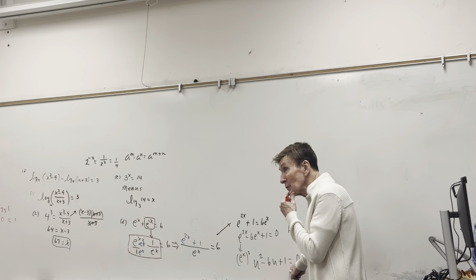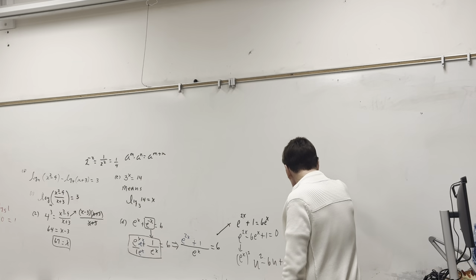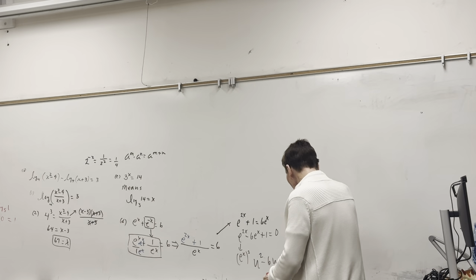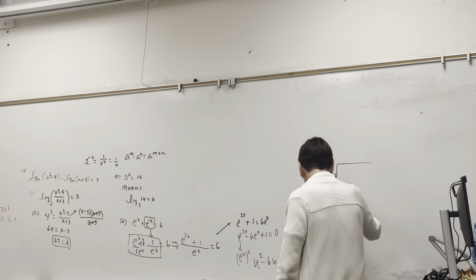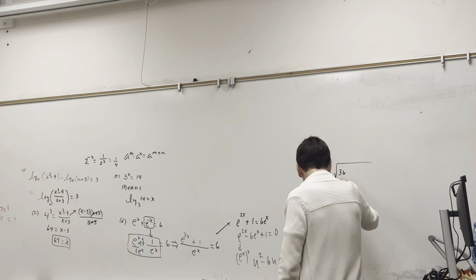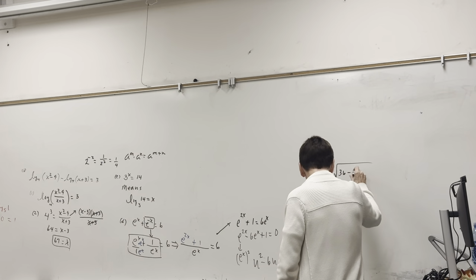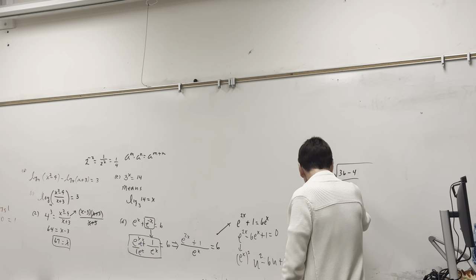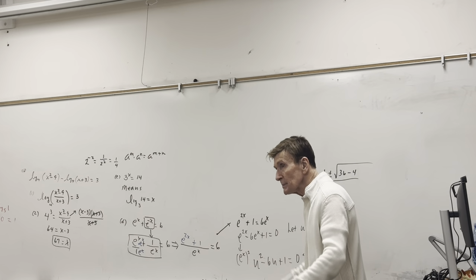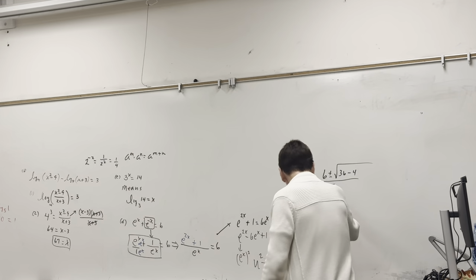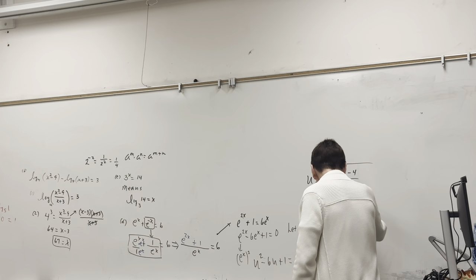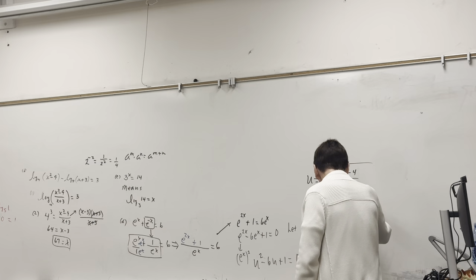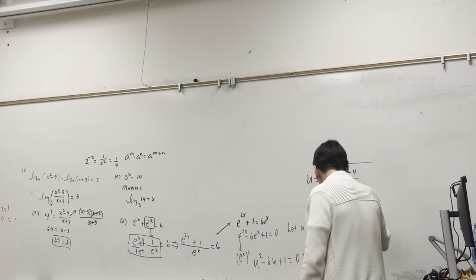If I try the quadratic formula, look at this. u would be equal to, by formula, 6 plus minus the square root of 36, minus 4 on the end when you use the quadratic formula, all over 2. Let's place my numbers into the quadratic formula. So u is equal to 6 plus minus, if there's no mistake, the square root of 32 of all things.